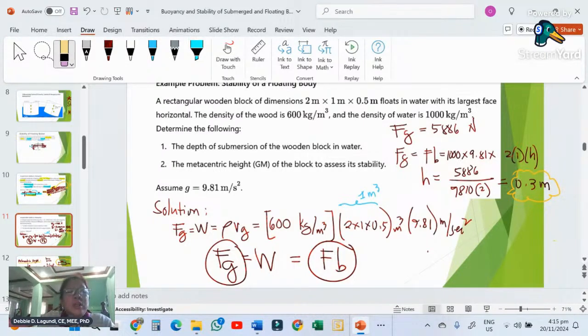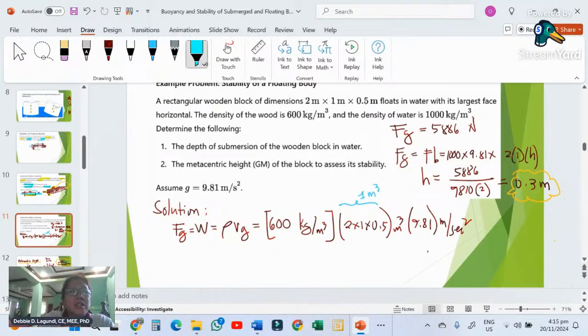So we'll go to the force due to gravity, or the weight. This is the rho, 600. This is the V, the volume submerged.